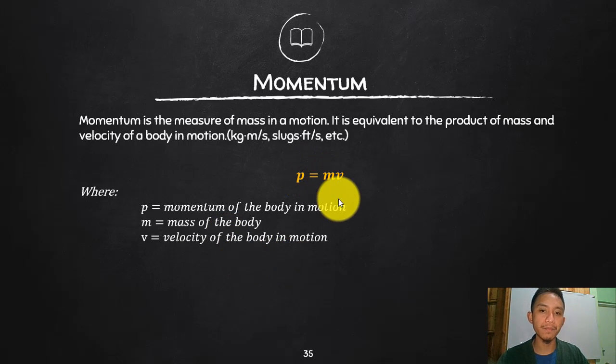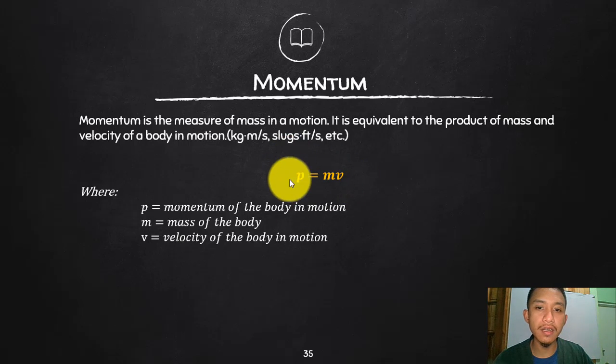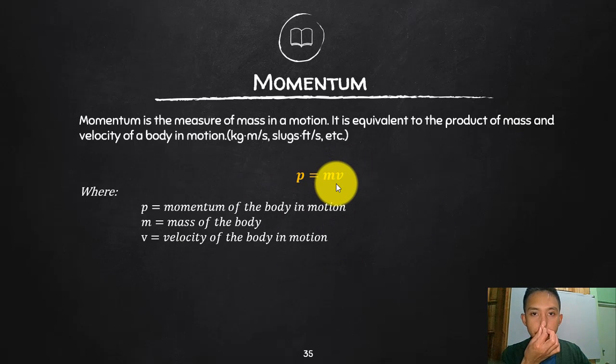That is your momentum. Or again, if you try to look at other sources, there are other formulas for this, just like force over time. Actually, other books define your momentum as the time rate of force, that is, the force divided by time. So that could also be the formula for momentum.